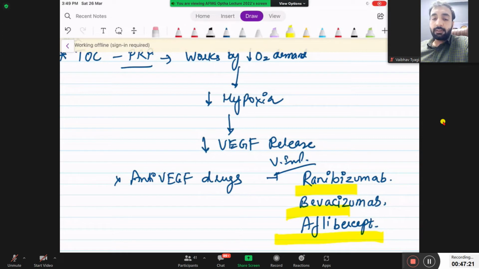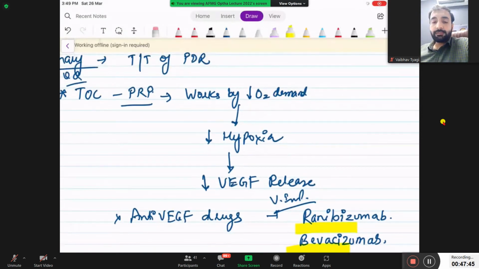And we also inject anti-VEGF injections, which will decrease the VEGF release. Usually 3 injections of anti-VEGF are given, 1 month apart. So 3 injections, and we also do pan-retinal photocoagulation in the retina.